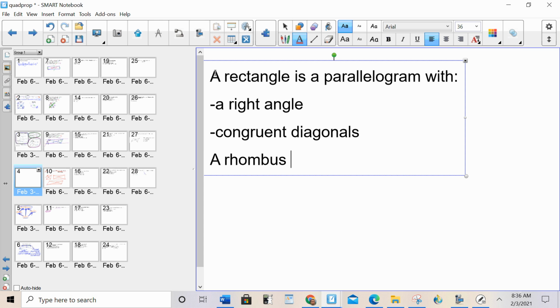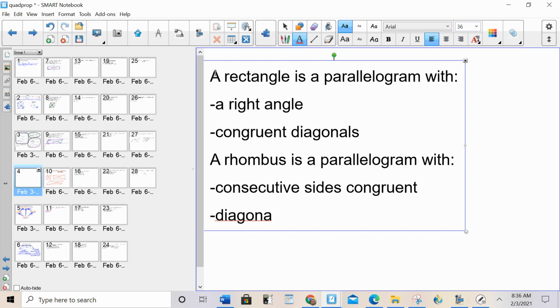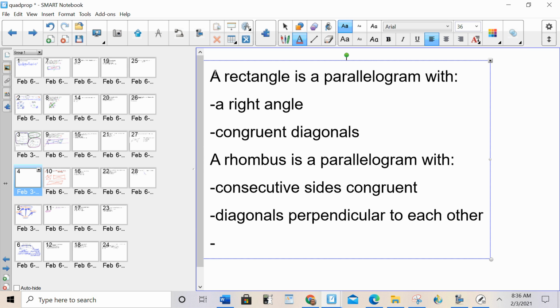A rhombus is a parallelogram with one of those three: consecutive sides congruent, diagonals perpendicular to each other, and diagonals bisect the angles.